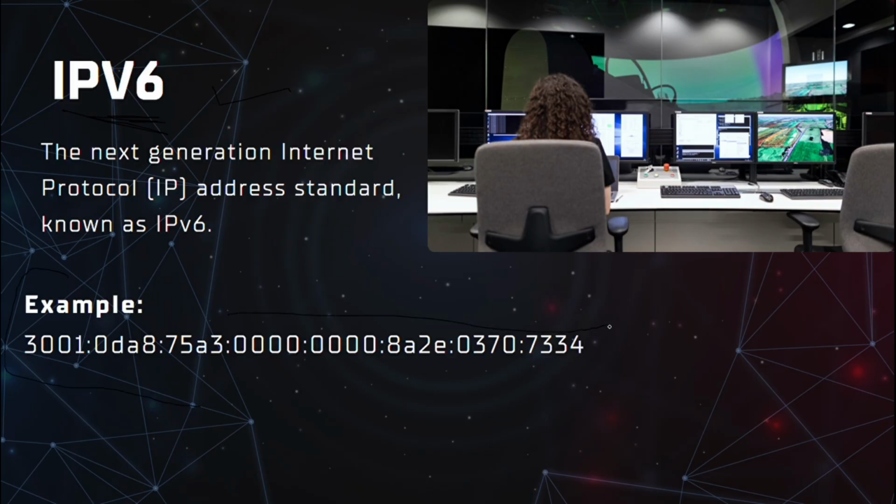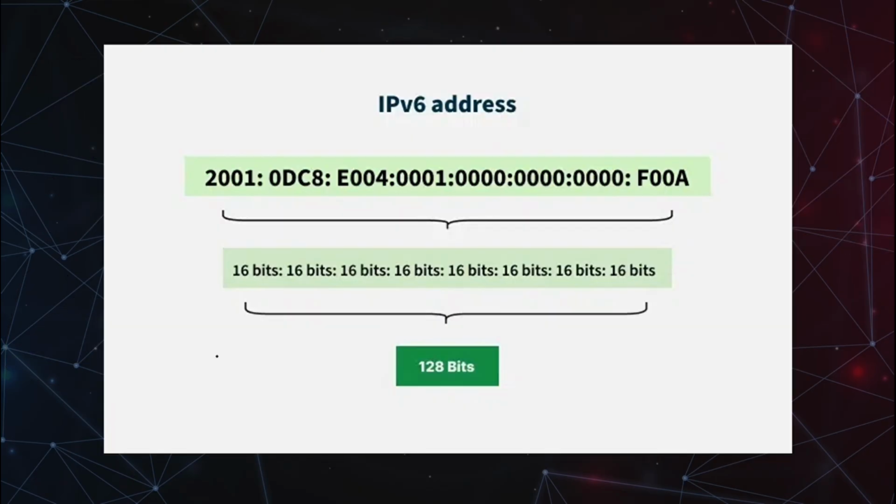It is a different way of representation, with alphabetical and numerical form in IPv6, and this is the form of an IPv6 address. See, this is 16-bit, 16-bit, 16-bit. Each group has 16 bits of data. Total data is considered as 128 bits.